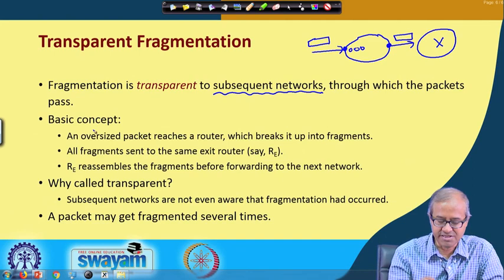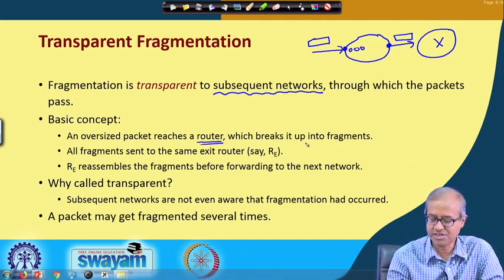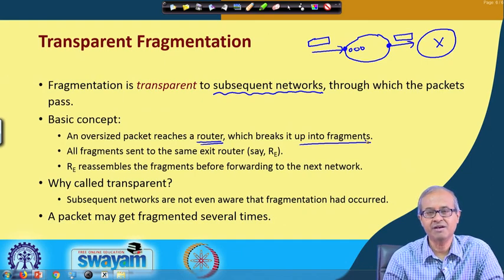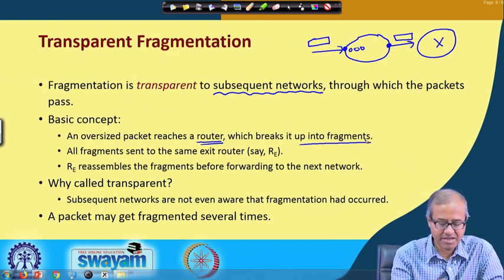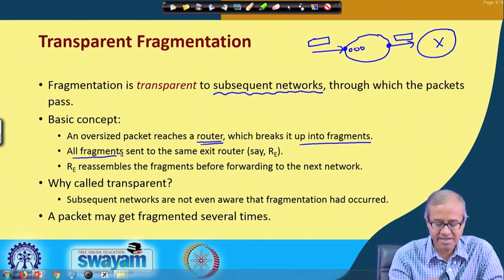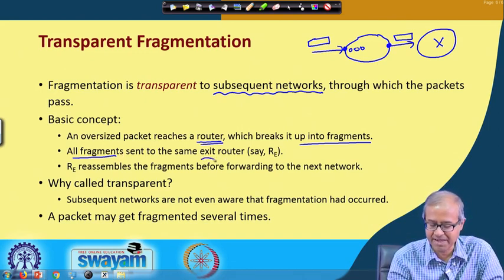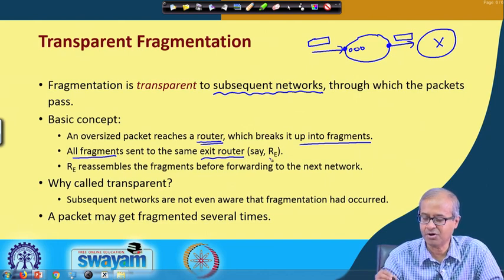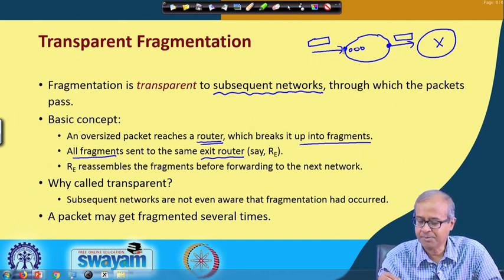So, the idea is as follows: suppose a large packet reaches a router which breaks it up into smaller packets or fragments, and each of these fragments is routed. There is a constraint here: they must be sent to the same exit router, let us say RE, because in a particular network there can be multiple routers connected. Okay?